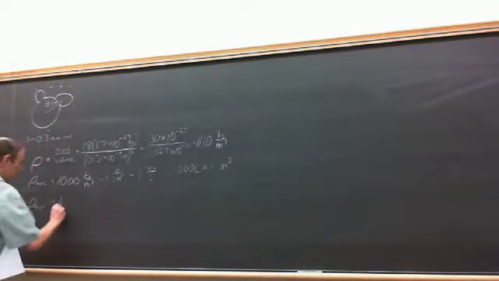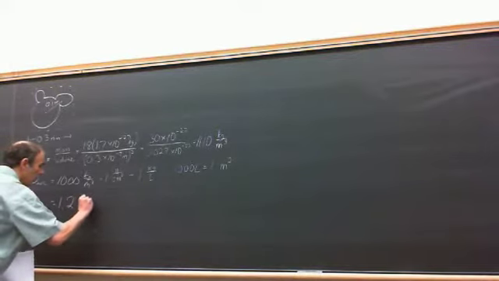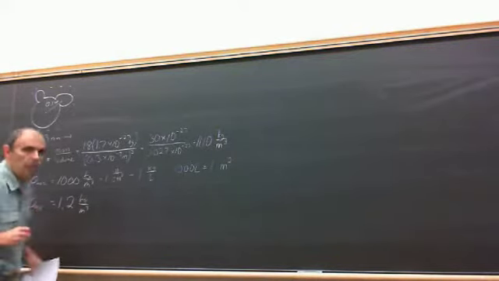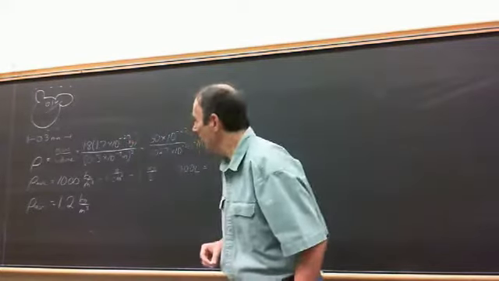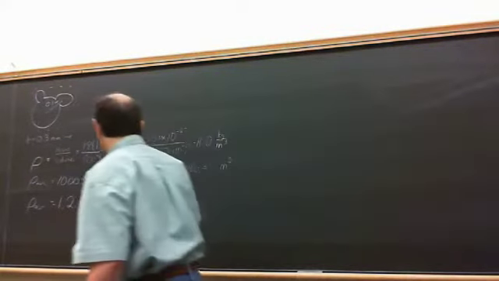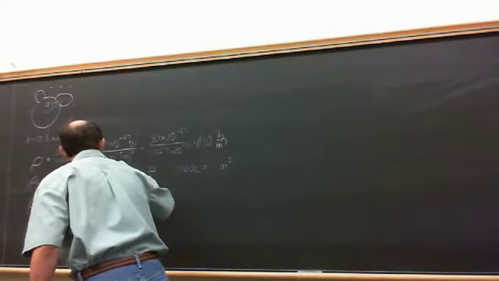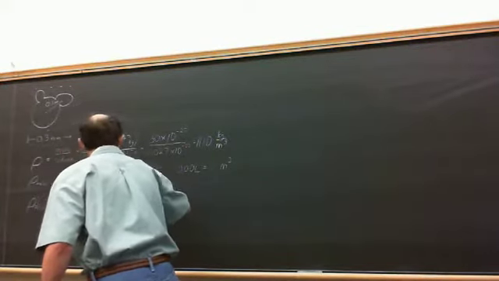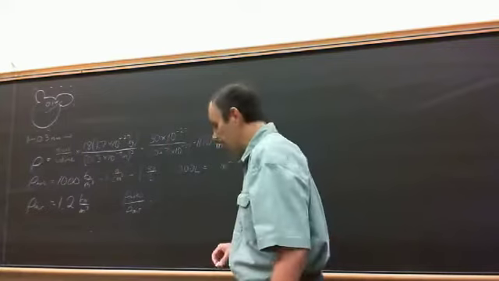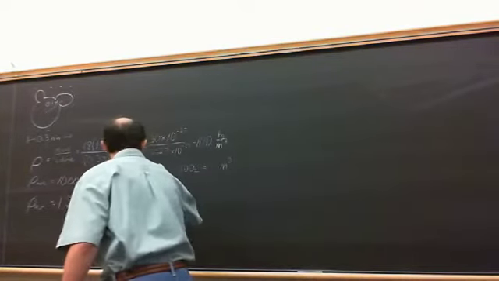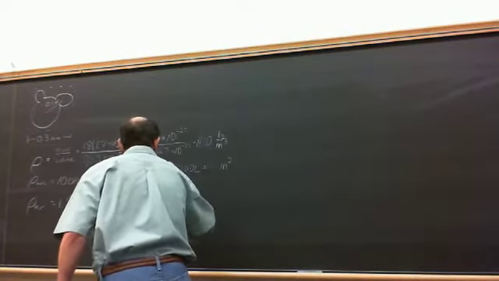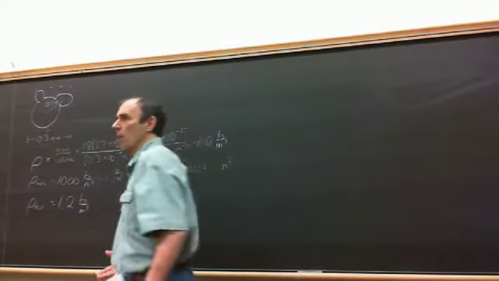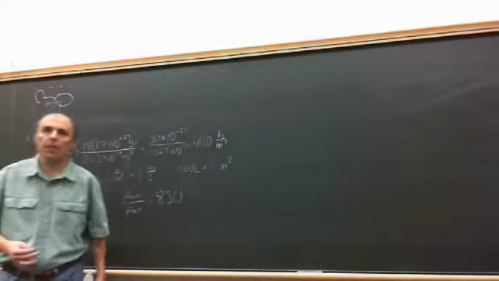It's about 1.2 kilograms per meters cubed. And what's really important is the ratio of these two, rho water to rho air. And that ratio comes out to be about 830. So water is a lot more dense than air. And that's going to have implications for life.